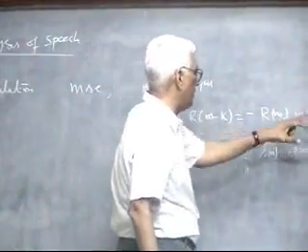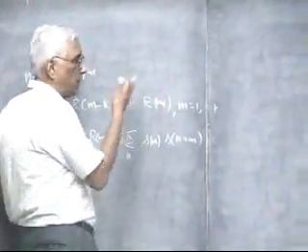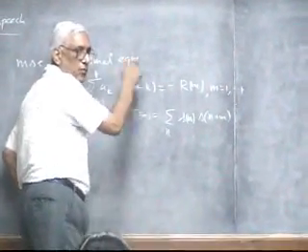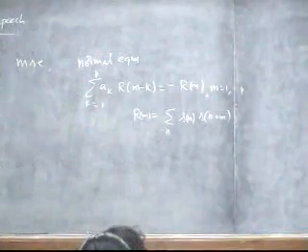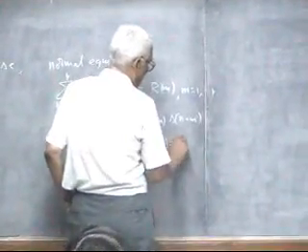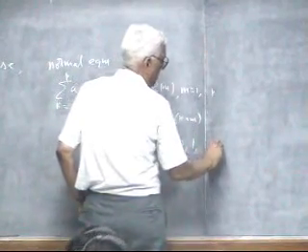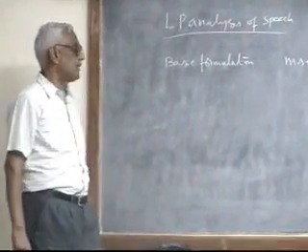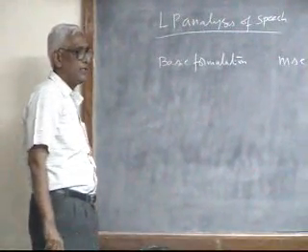In this case, you need up to p. In fact, you need up to p plus 1, and R(0) is implied here if you write it down. So you can compute this from the data. This is called the basic formulation or the mean squared error formulation.